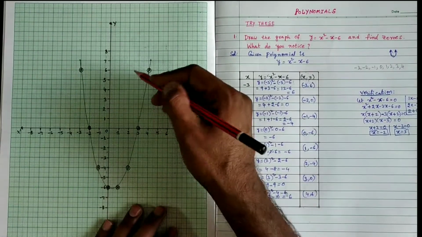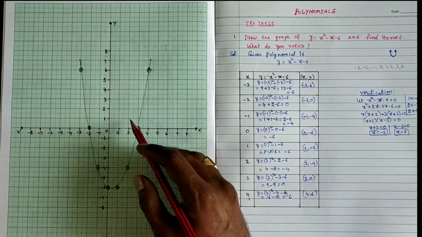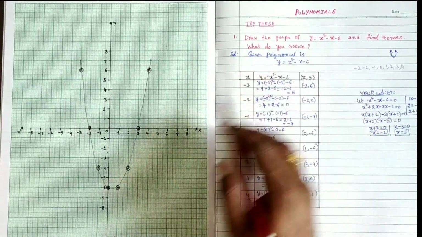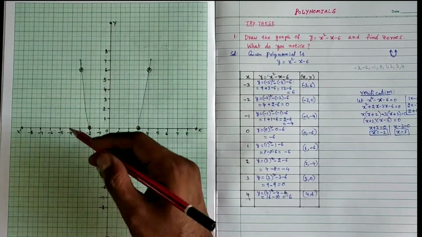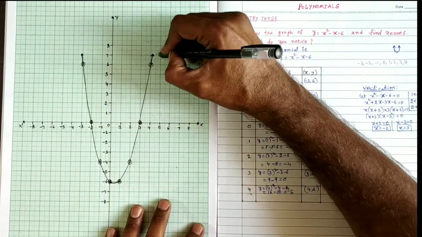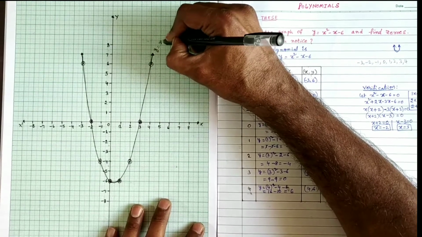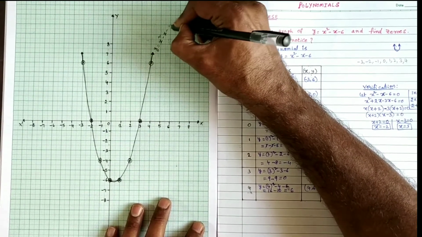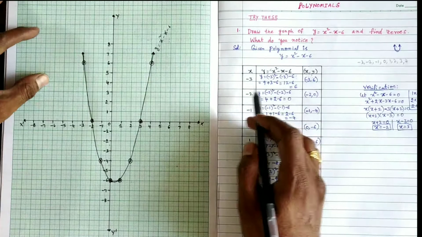So this is called the graph of a quadratic polynomial y is equals to x square minus x minus 6. The shape is called a parabola. This graph represents y is equals to x square minus x minus 6, and mention the points.